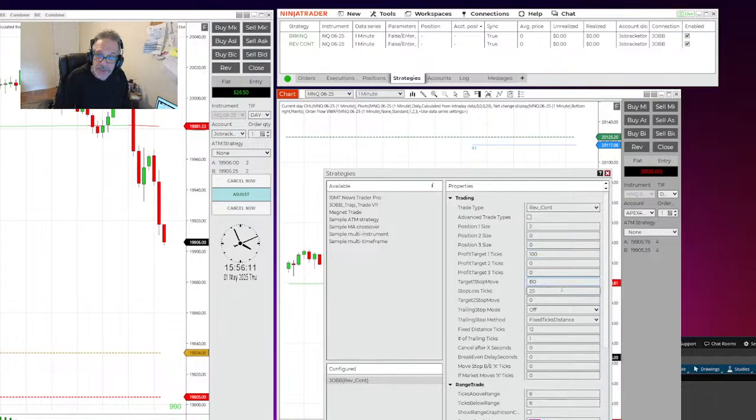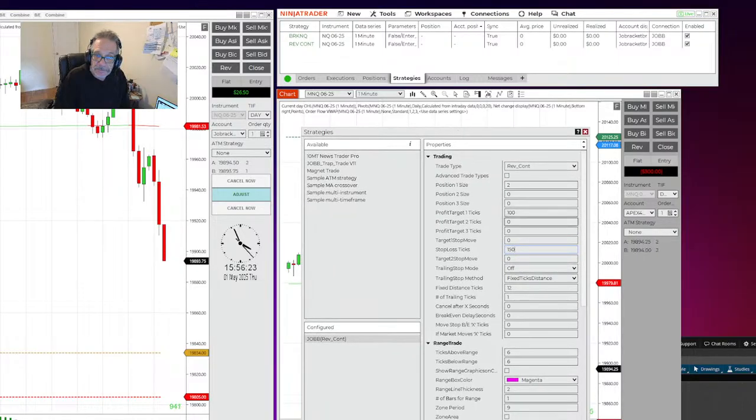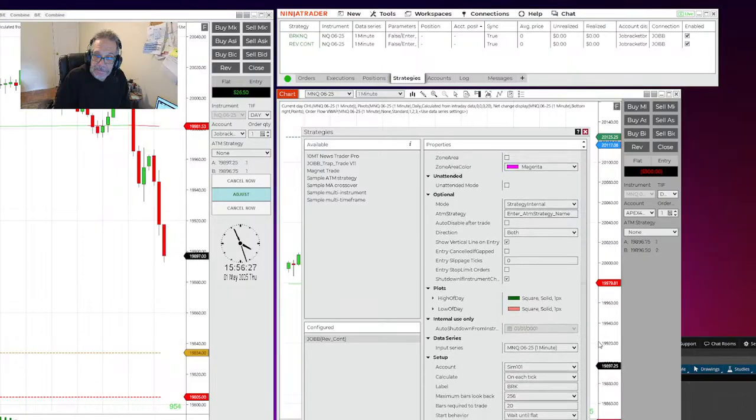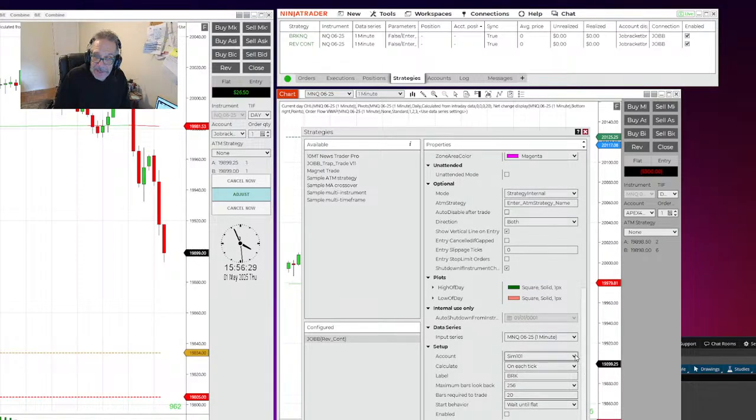Two positions, two contracts, one position. Okay, that's the way I like to do the scalps. 200, 150 tick stop. And I'll leave that on my Apex because if I get a good opportunity, I'd like to make a little bit of that back.